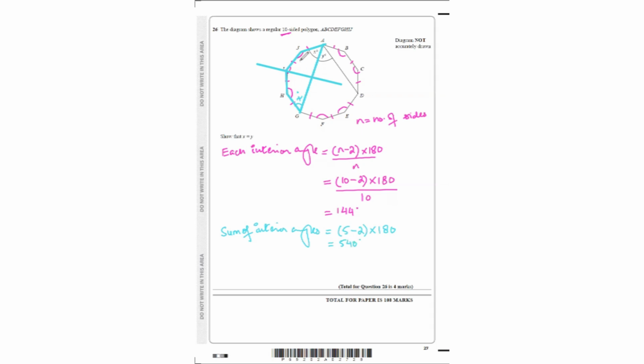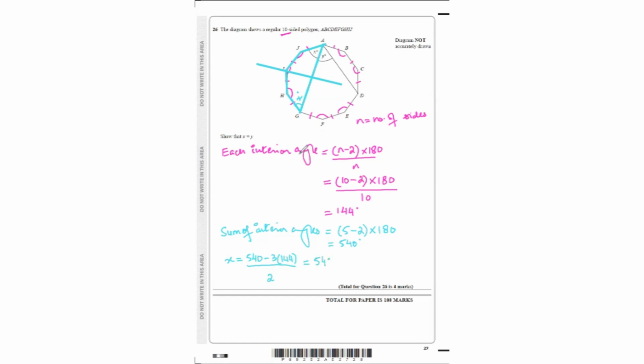So from 540, if we subtract 3 144s, x would then be 540 minus 3 times 144, because 3 angles are 144, and then divided by 2, because both these angles are equal to x. So that's going to give us 54 degrees.